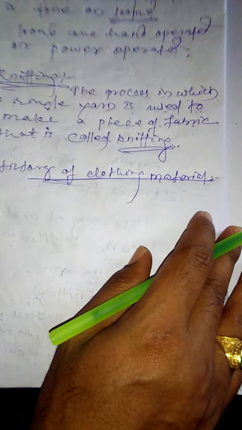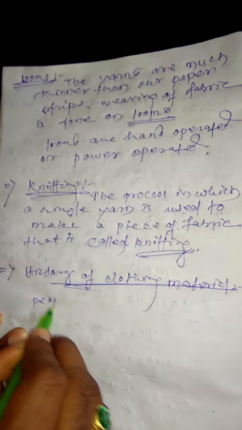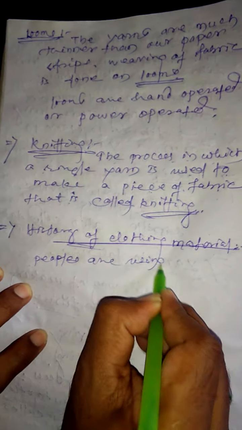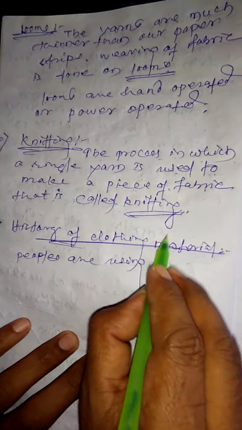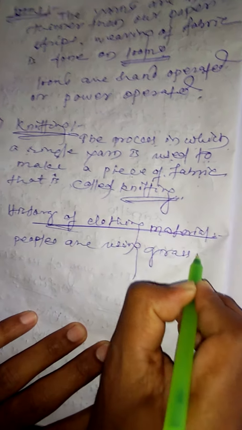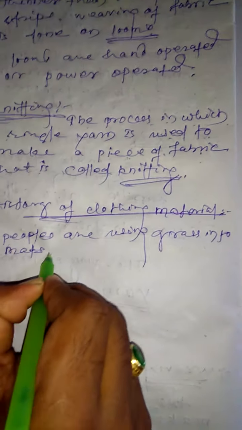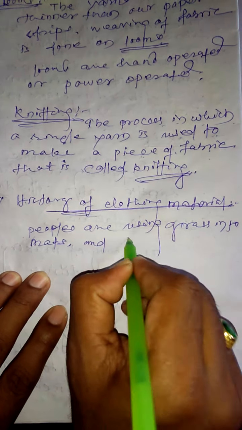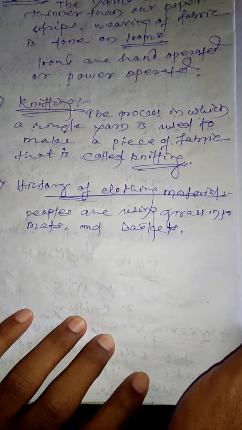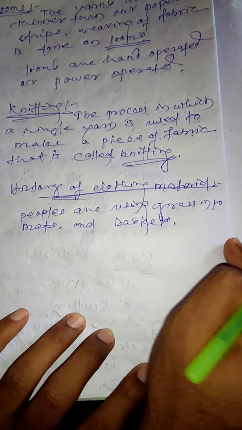Some examples are there. People were using grass to make mats and baskets. Those who belong to the agriculture community can understand these points.